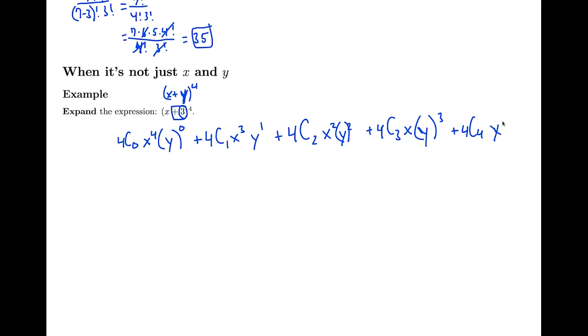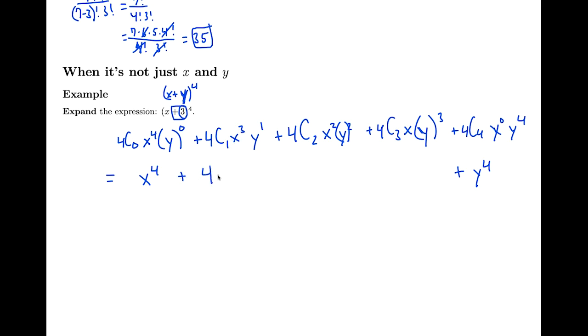Well, maybe I should. x to the 0, and then y to the 4. Okay, well, this part, 4 choose 0, that's just 1, and so we really have x to the 4. And I think we can see the pattern for y to the 4. Now, 4 choose 1 is equal to 4.